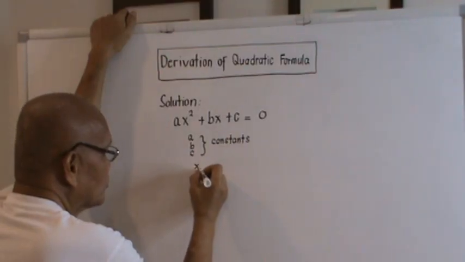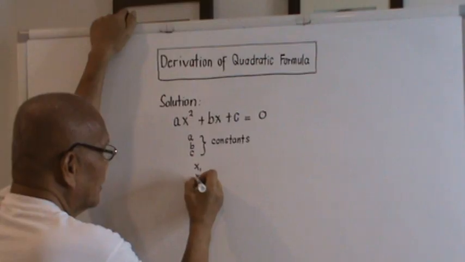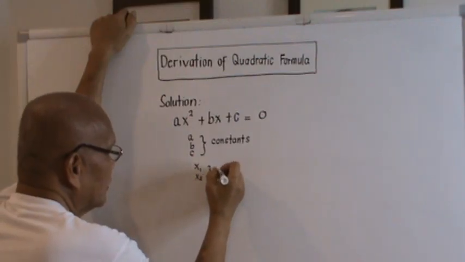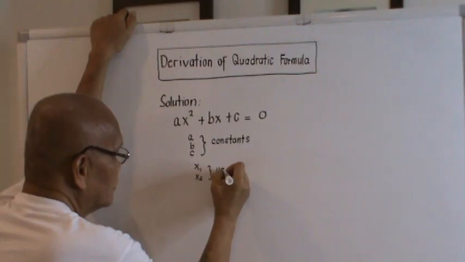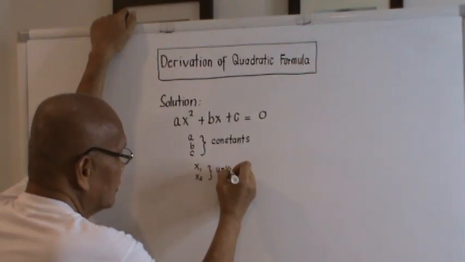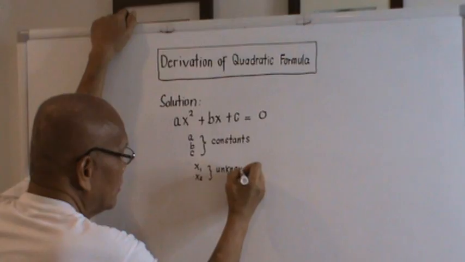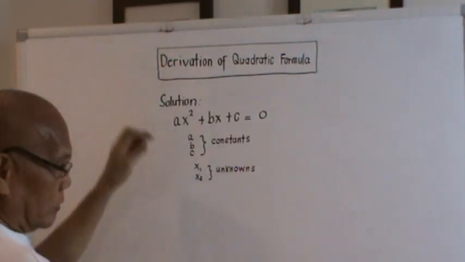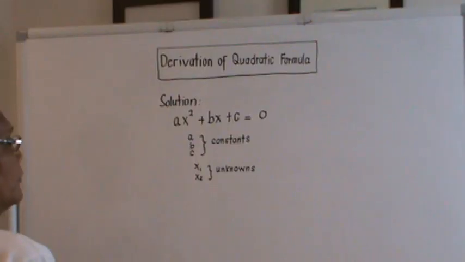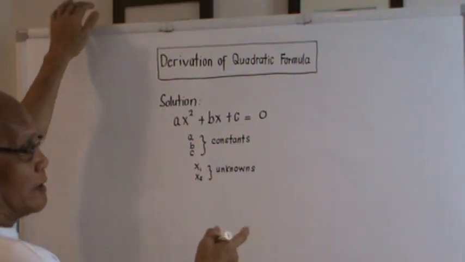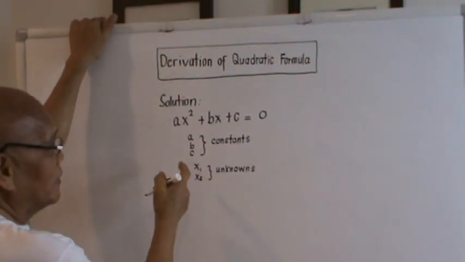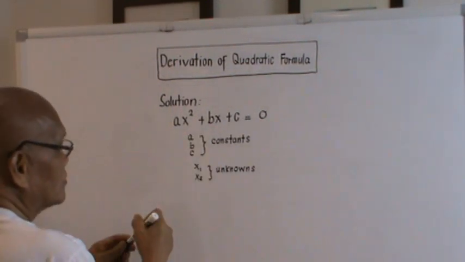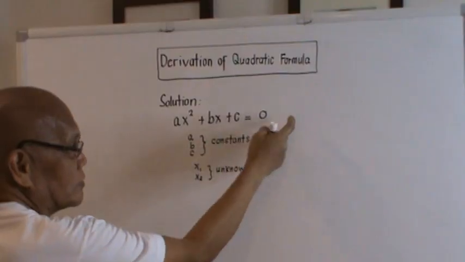There should be an x1 and there should be an x2. And these are the so-called unknowns. Okay, guys? The form of the quadratic equation is ax squared plus bx plus c equal to 0.